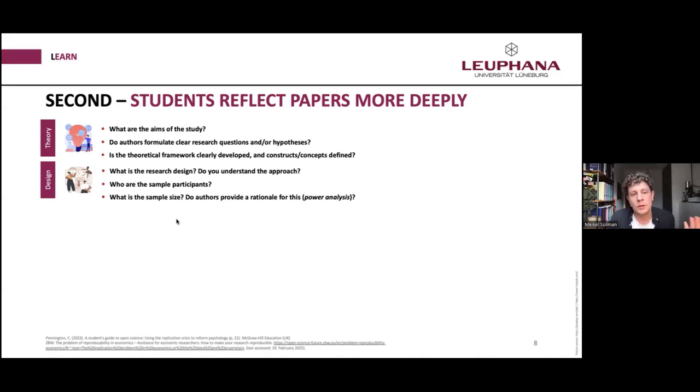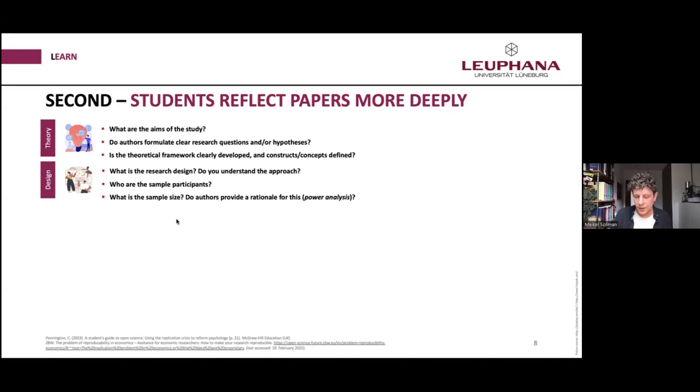And here it is interesting to know whether the authors just randomly collected the data or whether they have a rationale for how many participants they aimed for and how many participants ended up in their final analysis. It could also be that they are conducting a field experiment, meaning that the sample size is quite hard to achieve. But the point here is whether they are upfront about the rationale for the sample size that they have.